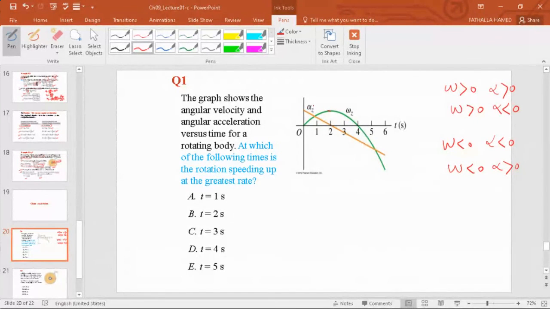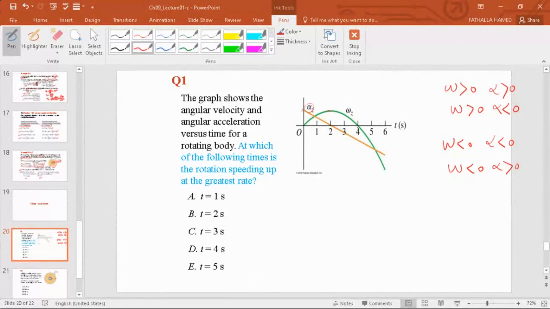Now you start with your alpha here. Alpha is a positive value, greater than 0 all the way up to 2, and then it becomes less than 0. Your omega here is greater than 0 all the way up to 4. So if you look from 0 to 4, your omega is greater than 0.